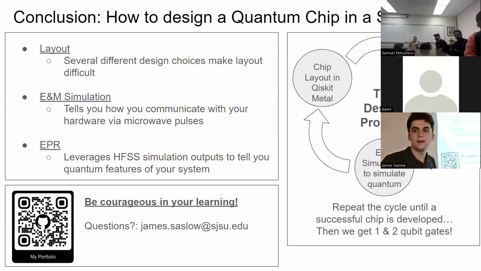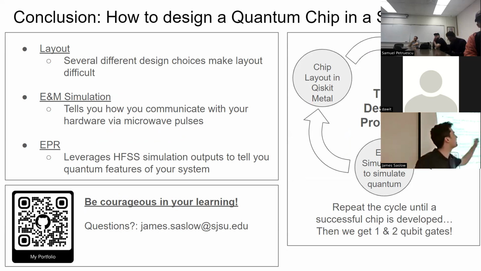Okay. So the conclusion here, how to design a quantum chip in a snapshot, is you go through this engineering life cycle, where you go from design to classical simulation to quantum simulation and interpretation.